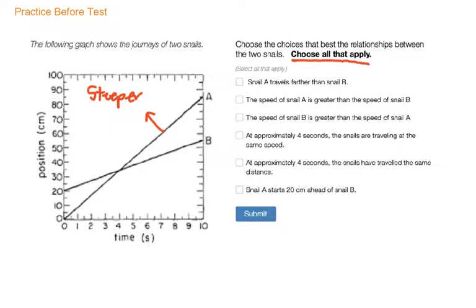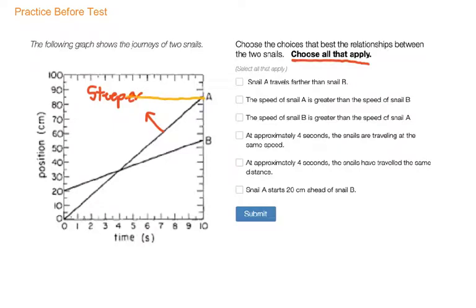So snail A travels faster, or sorry, I'm not even reading that right. It says snail A travels farther than snail B. Farther. Let's take a look at the very end. How far did snail A travel?